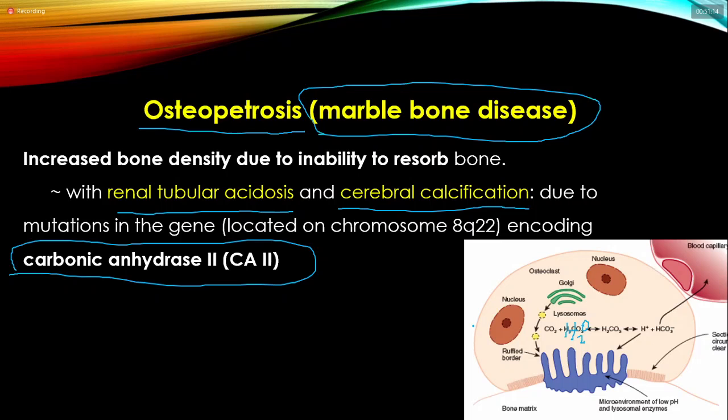Doctor, I think it's because there's a failure in the production of bicarbonate in the bone. Not in the bone, because bicarbonate is the buffer. Exactly. It's a deficiency in the buffering system over there rather than a production of the acid.